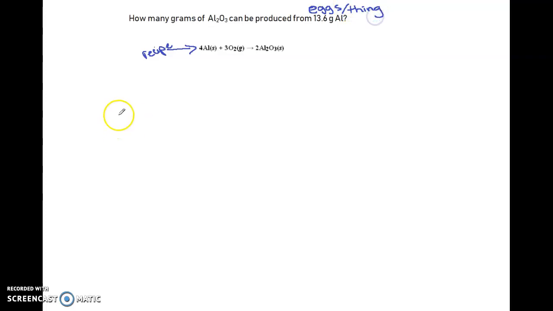So I'm going to have 13.6 grams of aluminum as my starting material. And I'm trying to figure out, okay, produced, that says to make, which makes sense because this is reactant, product. So how many grams of that, right here, can I make from that? So this is my crepes.